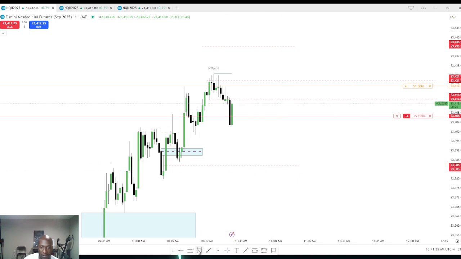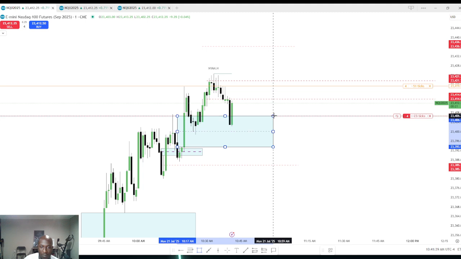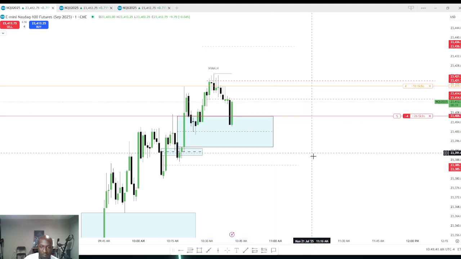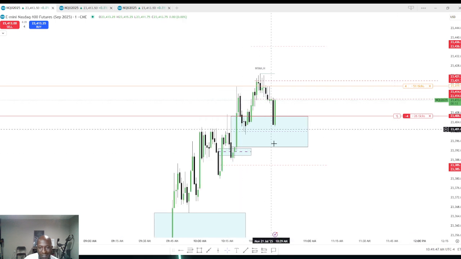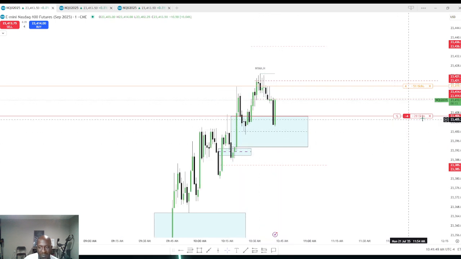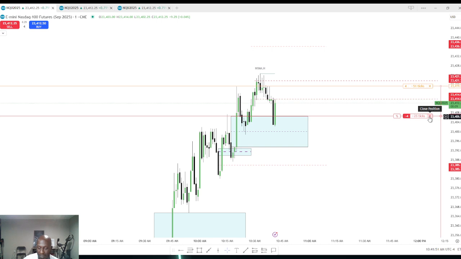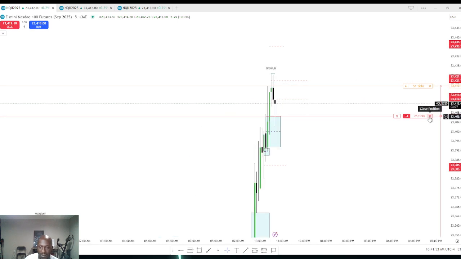What did we just wick down into? Really? I guess so. We left this open, so. And we're right back to consequent encroachment of that wick.